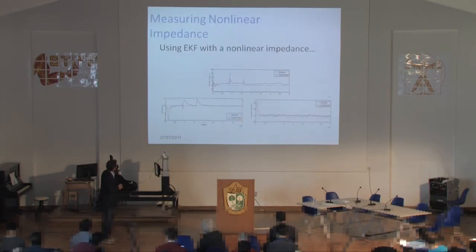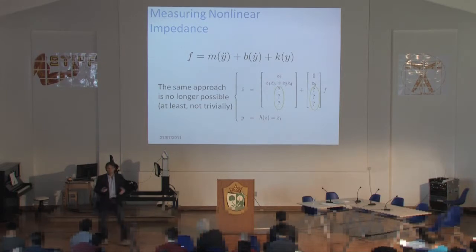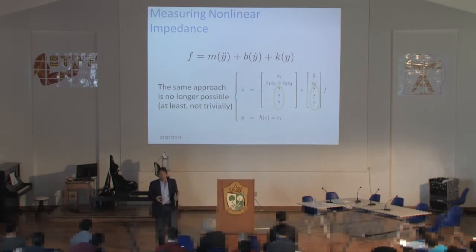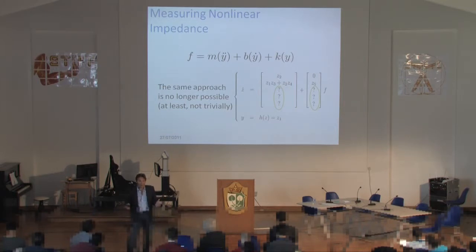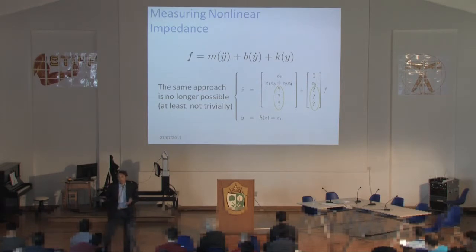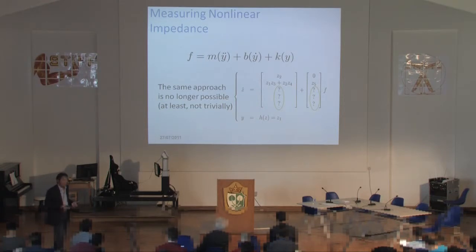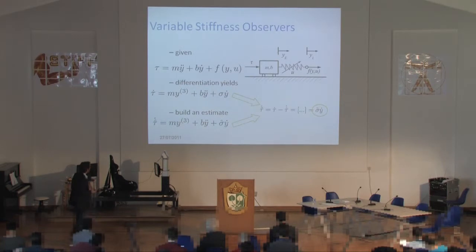One thing to be noticed is that in our case, variable stiffness actuators, impedance is nonlinear. By definition, if you have agonist and antagonist, they have to be nonlinear in order to allow you to vary stiffness, right? So you cannot rely on linear stiffness. You have to be nonlinear. And it has to be time varying by definition of a variable stiffness actuator. So it is one problem that is harder than normal.